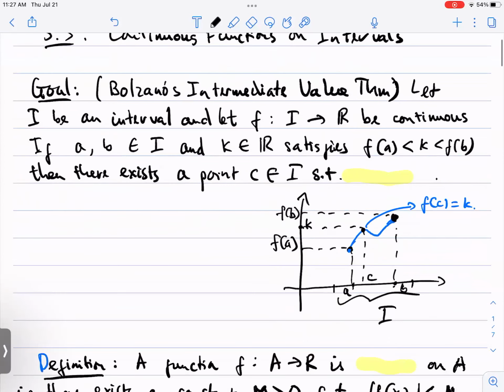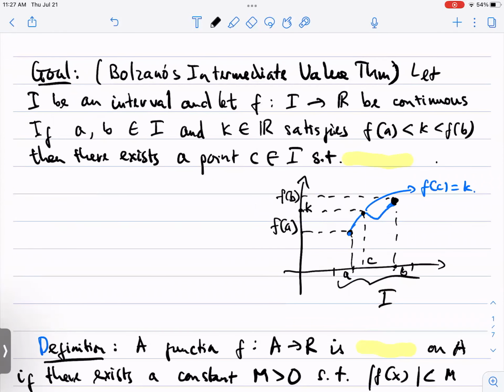If A, B are points in this interval I and K a real number satisfies f of A smaller than K smaller than f of B, then there exists a point C in I such that f of C must be equal to K.